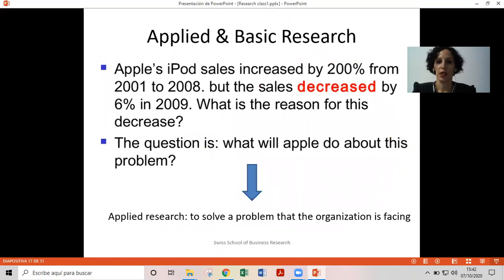For example, when Apple's iPod sales, which first had increased by 200%, started decreasing in 2009, Apple decided to research and see what the problem was in order to see why their sales were dropping. So this is called applied research because it is done in order to resolve a problem that the organization is facing at that moment.